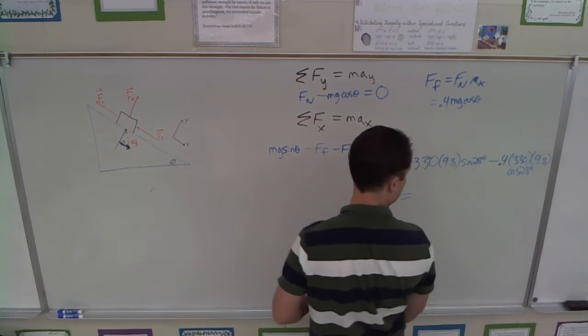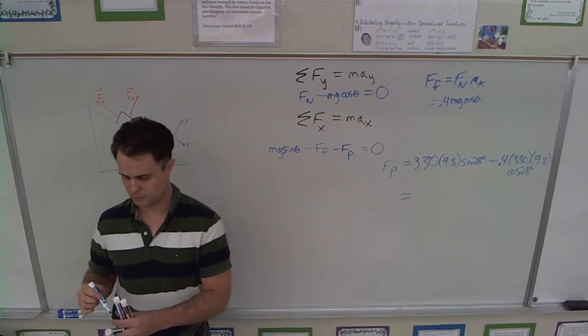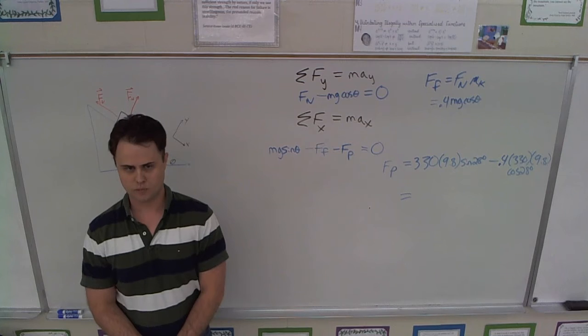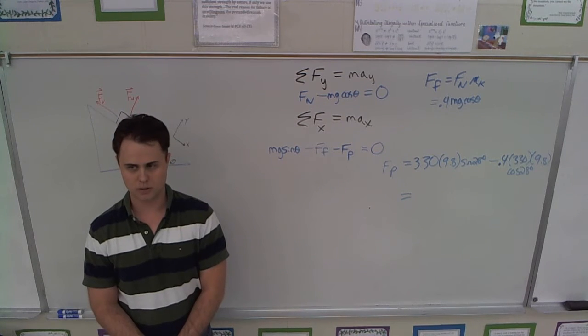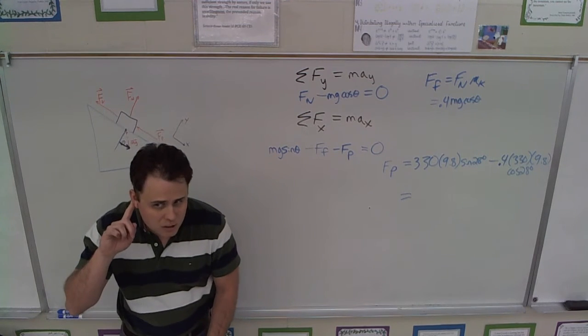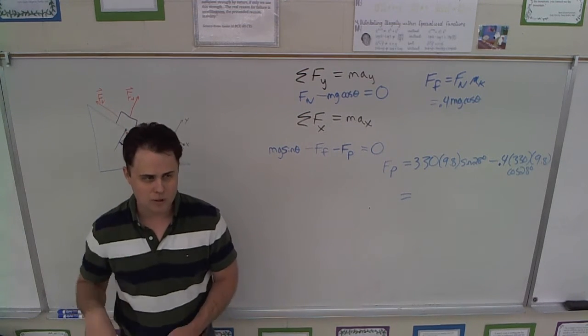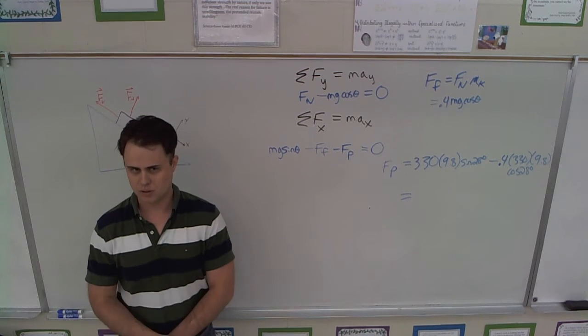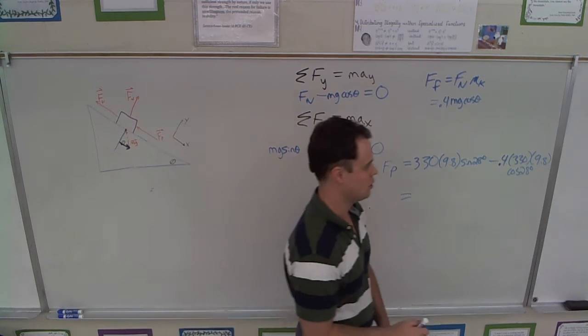So what is that? Someone calculate this for me quickly. Max is on it. I got 376. What did you get, Max? 224.67. Do I have confirmation? I differed a little bit. I can check.